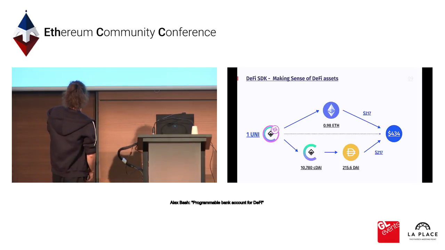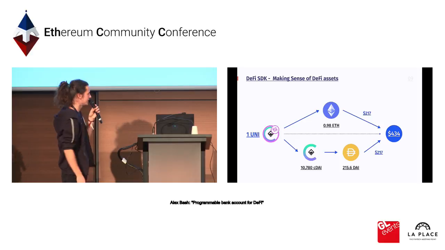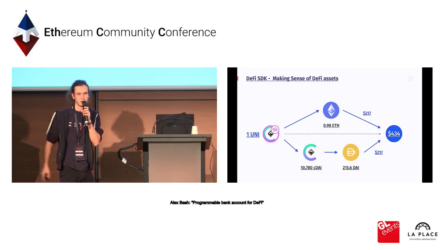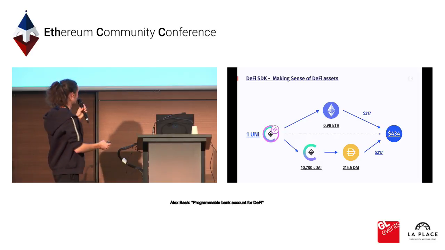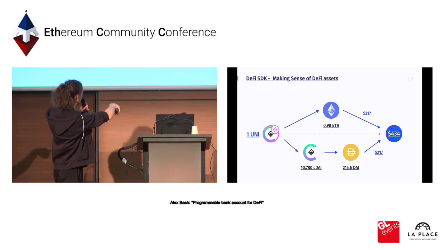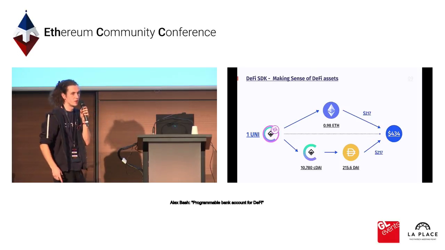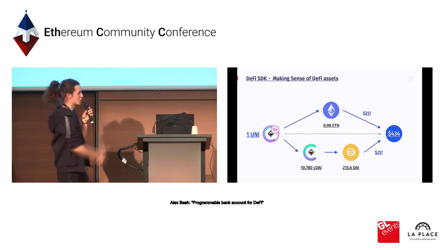So for example, we can say that one Uniswap pool token is actually worth 0.98 ETH and also 10,000 CDAI, while CDAI itself has DAI as the underlying asset, and we also know the exchange rate. This way we can figure out what exactly one Uniswap DAI pool token is worth in base assets, which is ETH and DAI in our example, and then knowing the prices for the base assets, we can figure out the price for the actual assets.